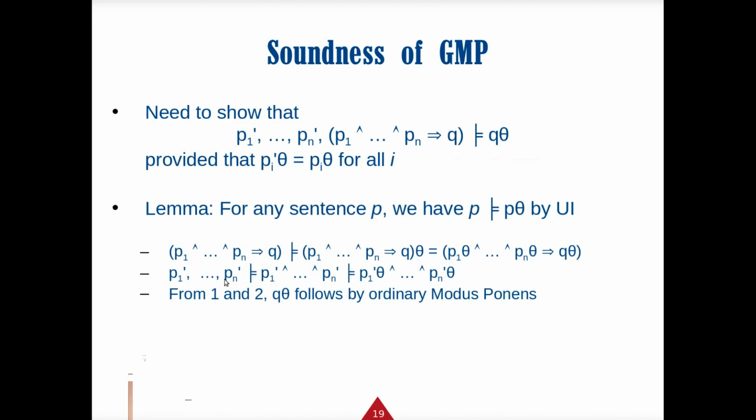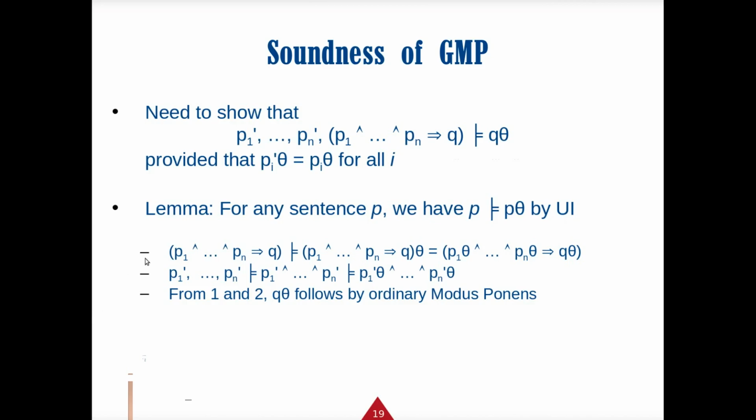And the soundness of the GMP is, well, basically I have the proof of the theorem, where we apply these different rules. So we need to show that this here on the left is logically equivalent to Q theta, provided that we have Pi prime theta equals Pi prime for all cases of i. And so for any sentence P, we have P logically equivalent to P theta by universal instantiation.